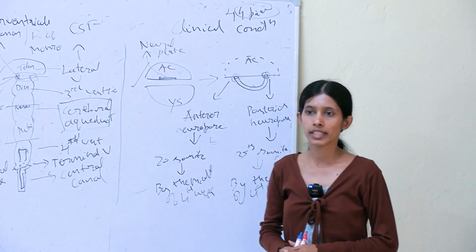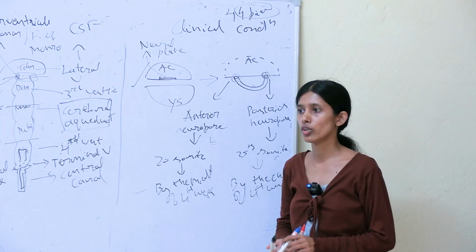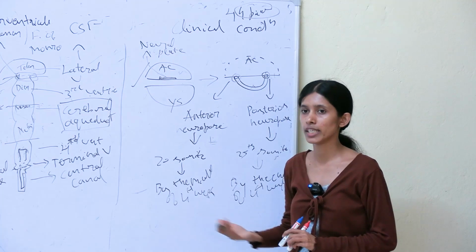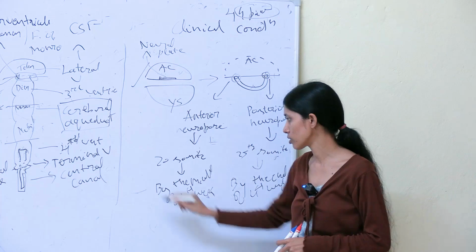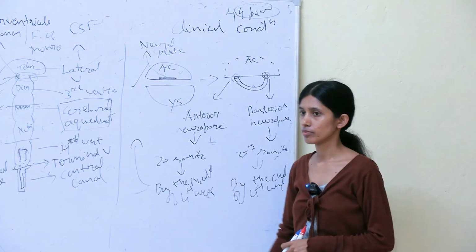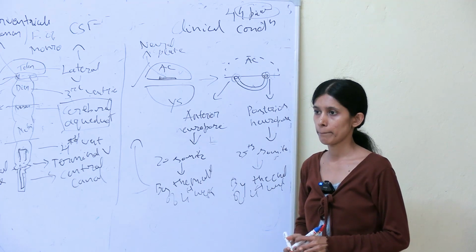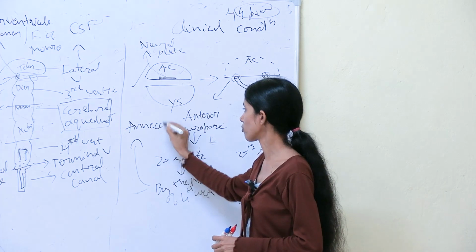Okay. In case your anterior neuropore and posterior neuropore fail to get separate from your amniotic cavity, it will lead to certain clinical conditions. What are those? If your anterior neuropore fails to get separate, it is called as anencephaly.